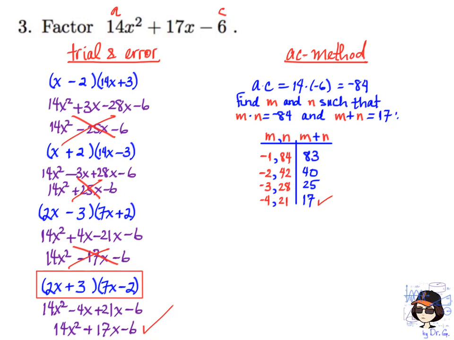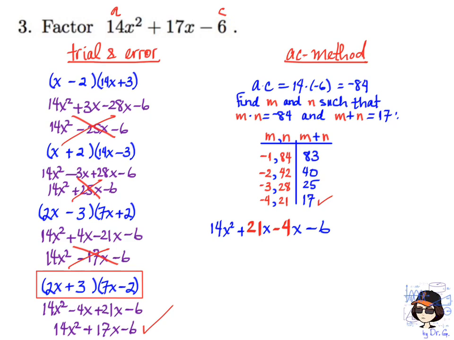So what do we do with those two numbers? We rewrite our polynomial, 14x squared plus 17x minus 6, by breaking up the middle term. 17x can be rewritten this way. So we're going to have 14x squared plus 21x minus 4x and then minus 6.